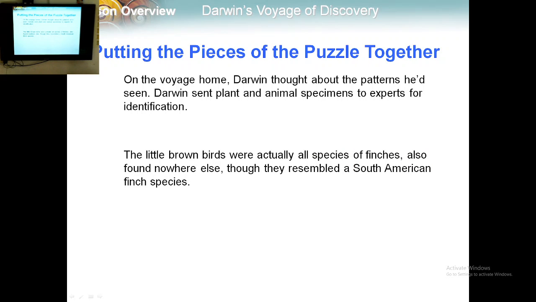If you want to put the pieces of the puzzle together: on the voyage home, Darwin thought about the patterns he had seen. Darwin sent plant and animal specimens to experts for identification, like the little brown birds, which were actually all species of finches found nowhere else, though they resembled a South American finch species.